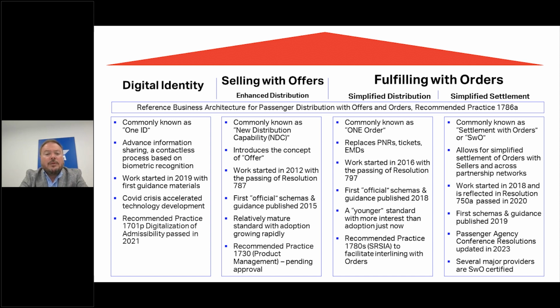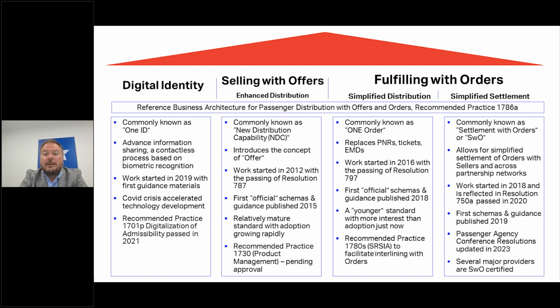And what was also recently voted, and I apologize for a slight mistake on the slide, is recommended practice 1730, which is about product management. It says here on the slide it's already approved. So it's in place.